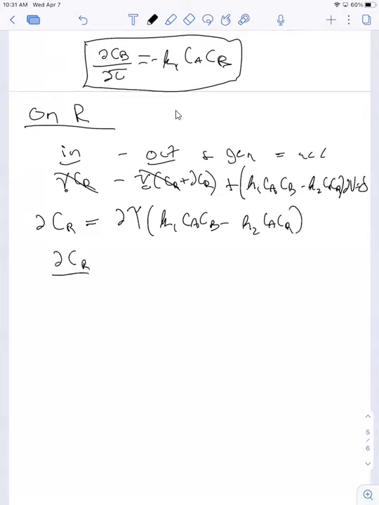So you'll be left with the same design equation.